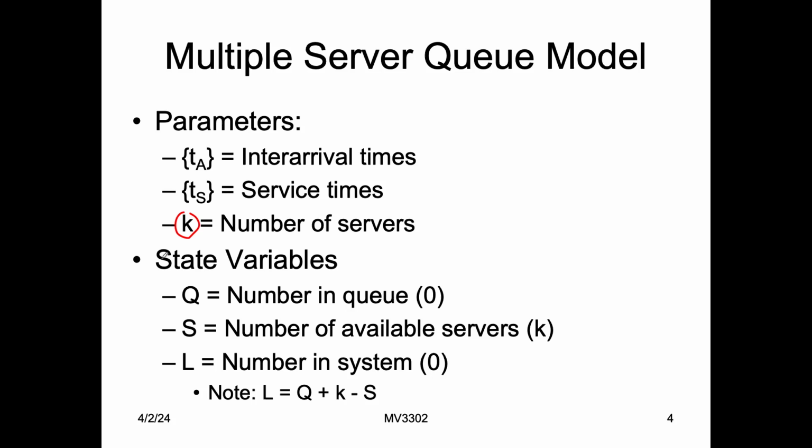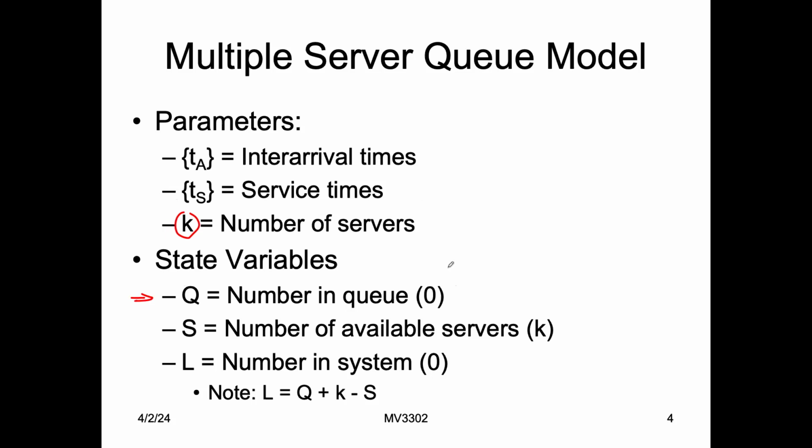Okay, so those are the kinds of questions we can ask of parameters. Now, state variables. There are actually a number of different ways of defining the states. In this case, we're going to do it this way. First, we're going to define a variable Q, which is the number in the queue, and the numbers in parentheses are the initial values. So initially there's going to be nobody in the queue.